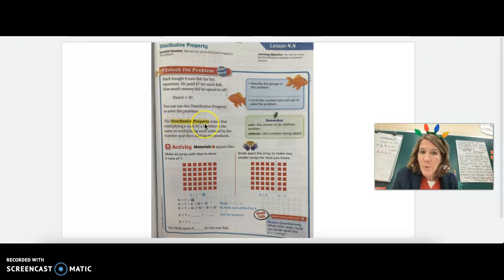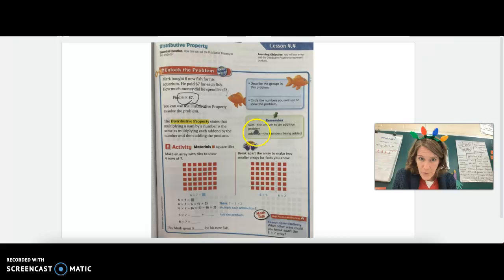The distributive property states that multiplying a sum by a number is the same as multiplying each add-in by the number and then adding the products. So we could do 6 times 7, or we could break 7 into 2 pieces and multiply 6 times each of the add-ins and then add those products together.